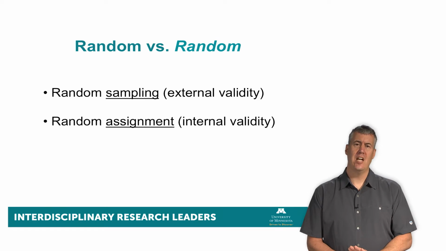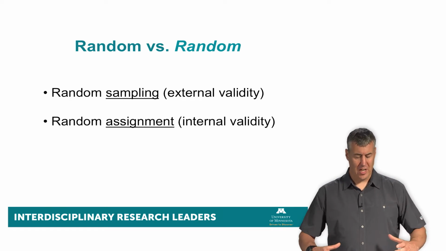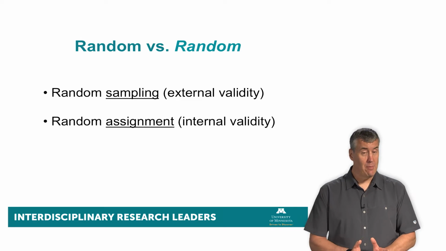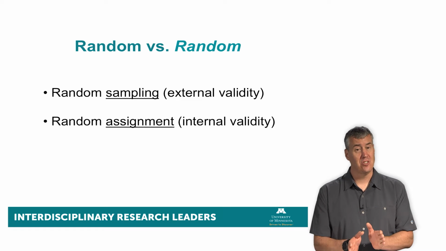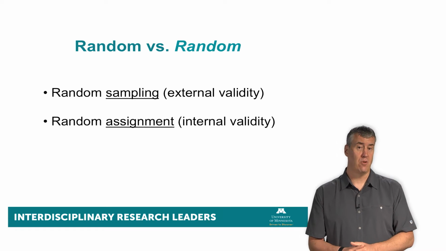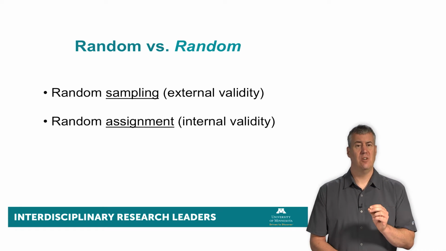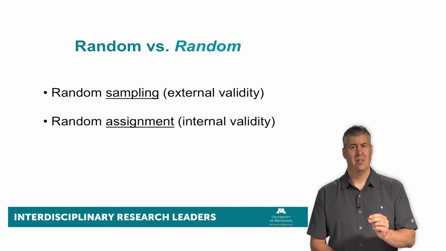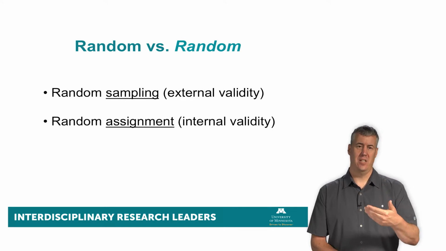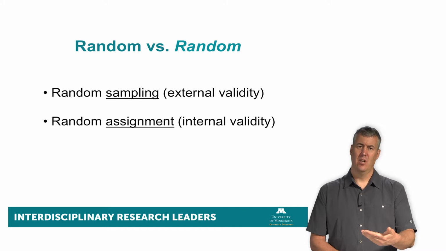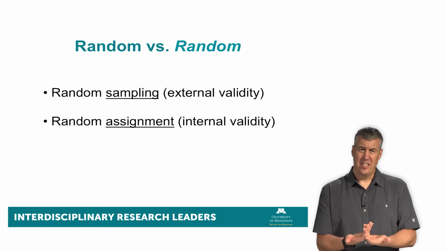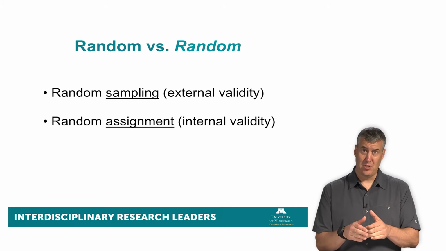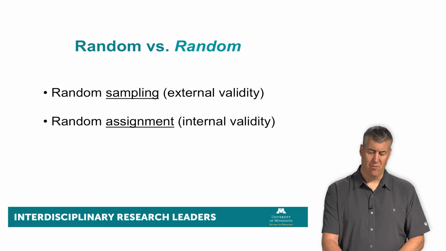There's also random assignment, which is to say I've got a bunch of people, some I want to give the intervention and some not. That random assignment is still done by, say, a flip of a coin. This is a different idea than random sampling. Random sampling enhances external validity, generalizability. Random assignment enhances internal validity, that I get the correct answer for these particular people. That's the big difference.